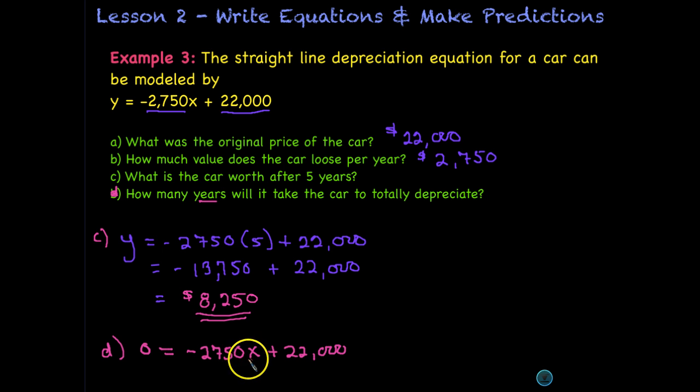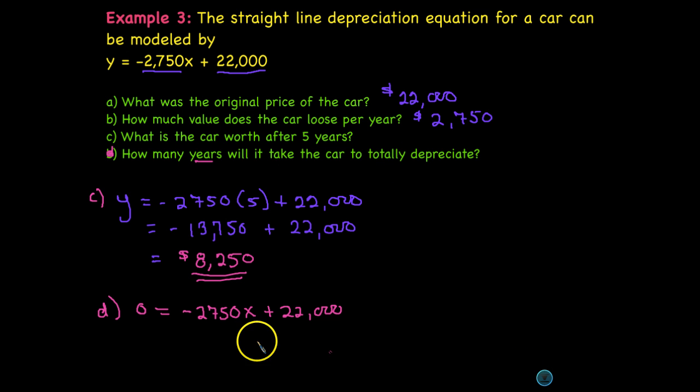So how can we solve this for x? Well, let's go ahead and use our math and isolate x. In order to do that, we need to subtract 22,000 to the other side, and we're left with negative 22,000 now on this side equals negative 2750x.